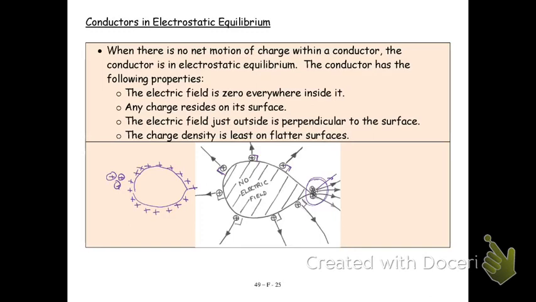And that's really useful. Because if I want to literally spray charge, I can have a comb of needles. If I make those points nice and sharp, when I make this say positive, it will spray charge, or negative, it'll spray charge. Let's think about negative.